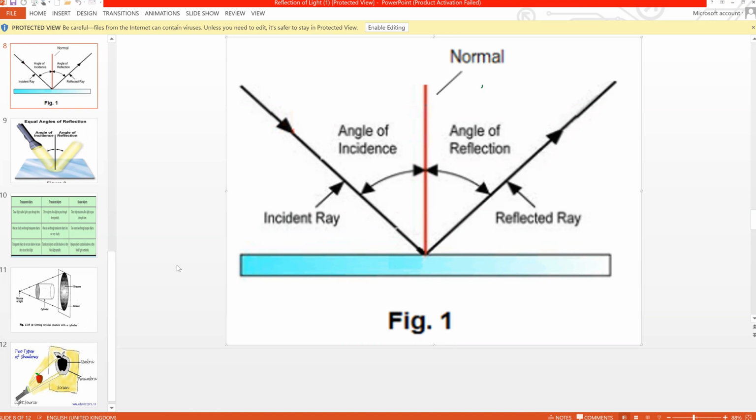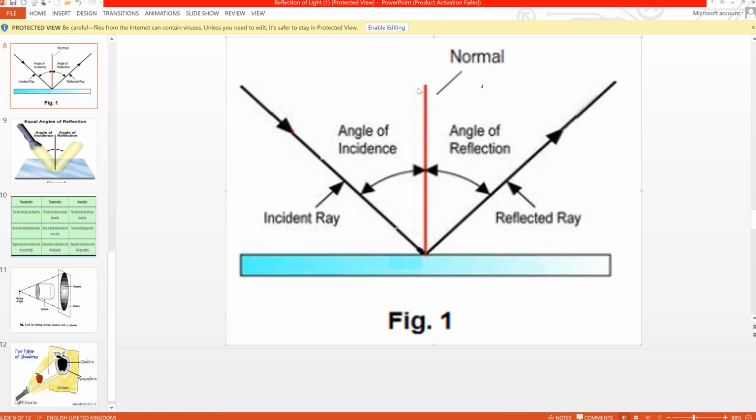First of all, what is an incident ray? When a light ray is passed from the source of light, this is called the incident ray. This incident ray touches the surface and then gets reflected. The reflected one is called the reflected ray.